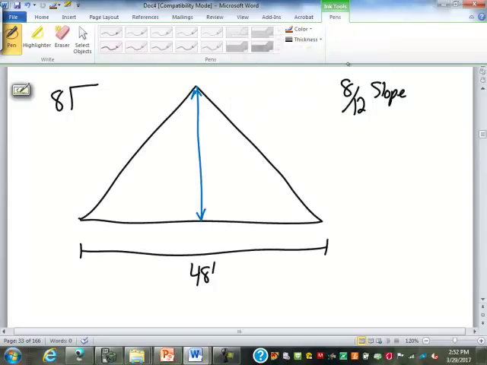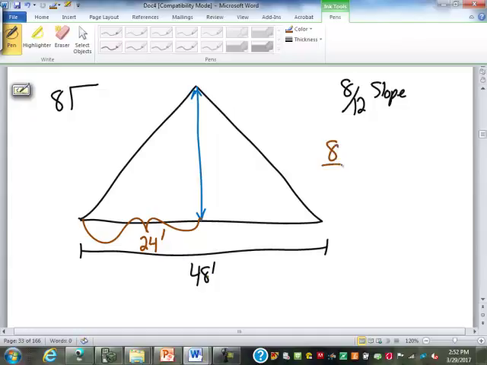Well, the first thing we need to know is our run. What's the run going to be here? Half of the 48 gives us 24 feet.